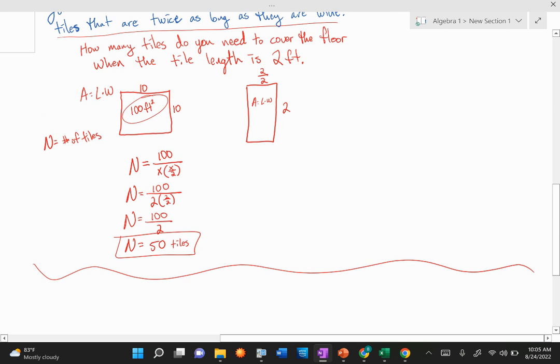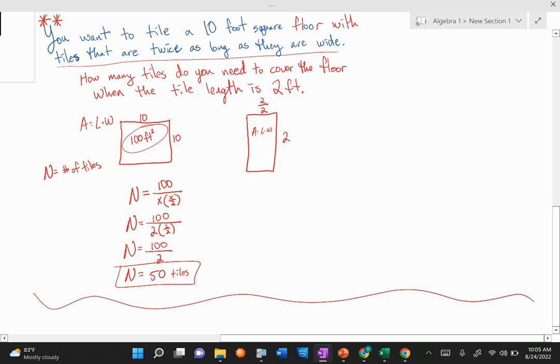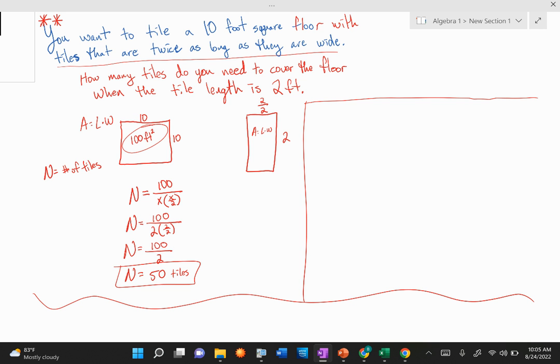So same question. Well, now I want to leave it right here. Organize it how you see fit, but I want you to be able to see the original problem. So I'm going to put it up here. Now the tile length is 1/2 of a foot, instead of 2.